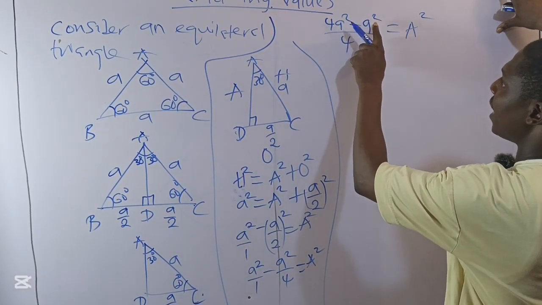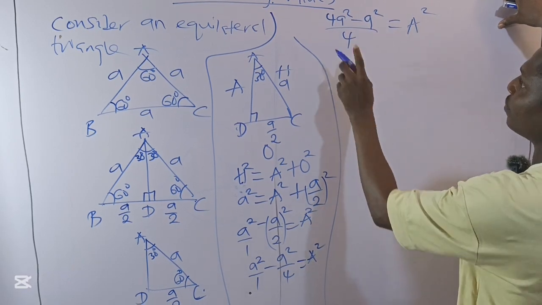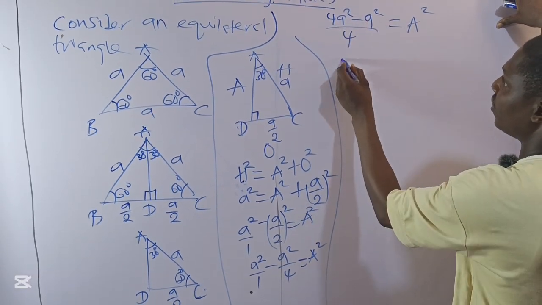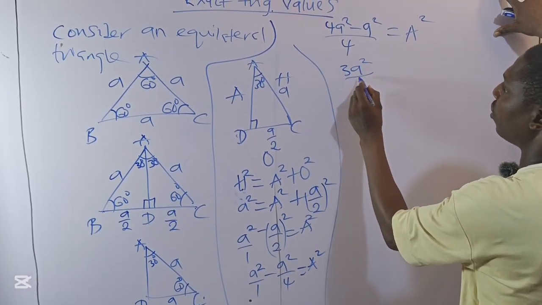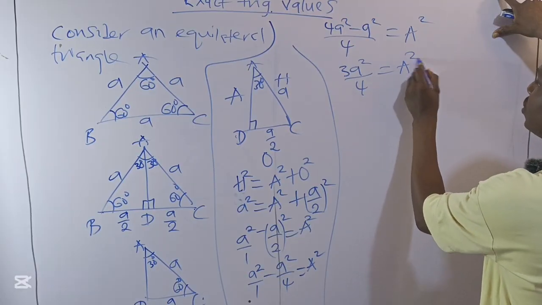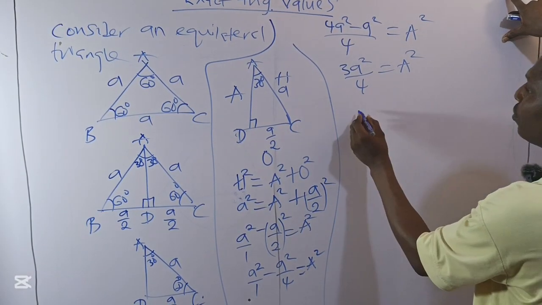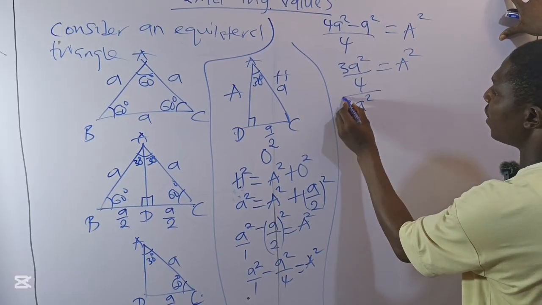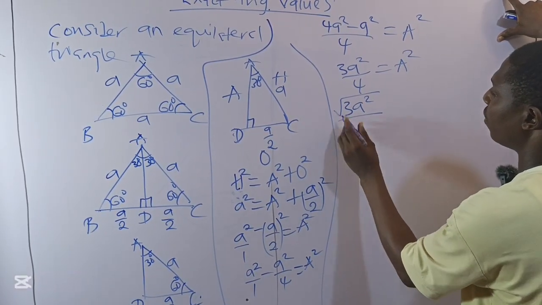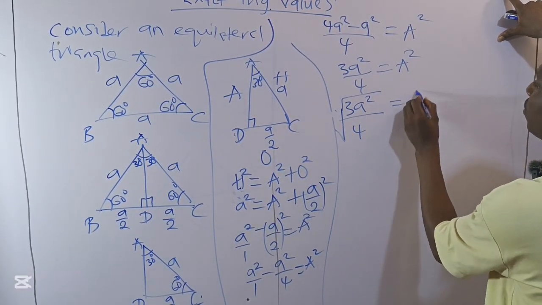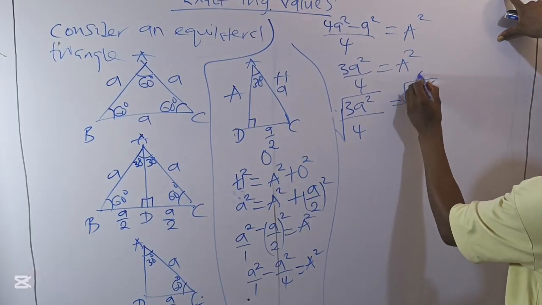Now, 4A squared and A squared are like terms. So 4 minus the invisible 1 will give me 3. And I'll have 3A squared all over 4 equals A squared. I'm looking for the adjacent side, not the adjacent squared, so I'll take the square root of both sides. So I'll have the square root of 3A squared all over the square root of 4 equals the square root of A squared. The square will cancel the square root.